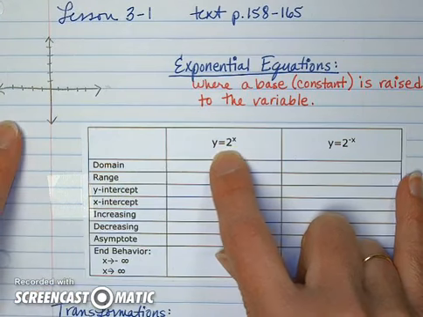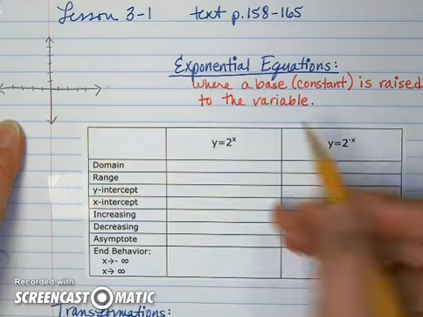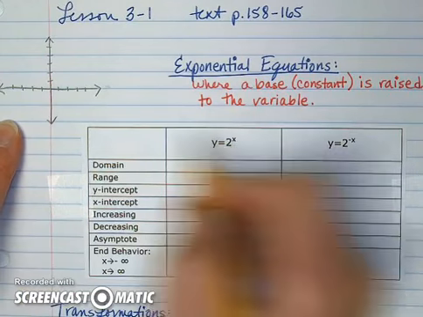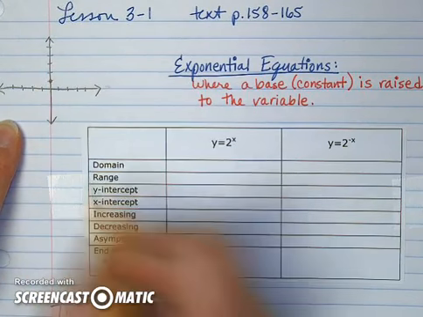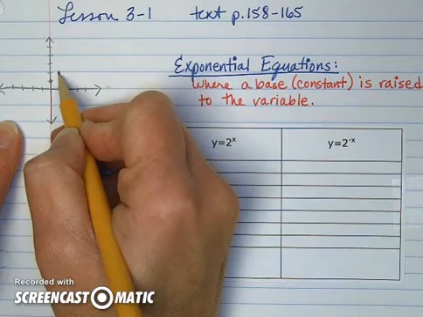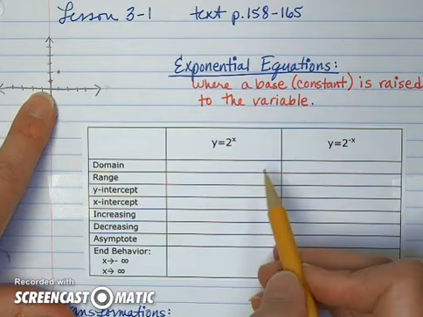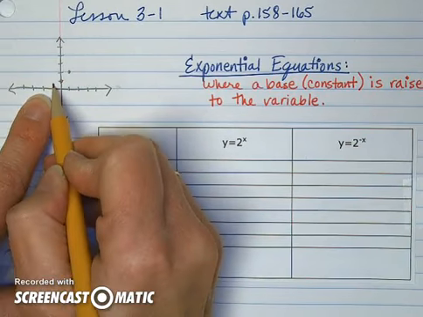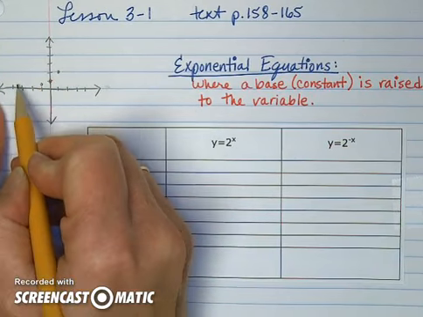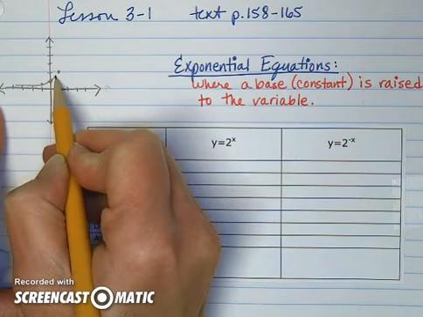Let's graph this equation. If we let x be 0, 2 to the 0 is 1. If we let x be 1, then we're at 2. If we let x be -1, then we're at a half. So it's doing this number right here, and it's going up.